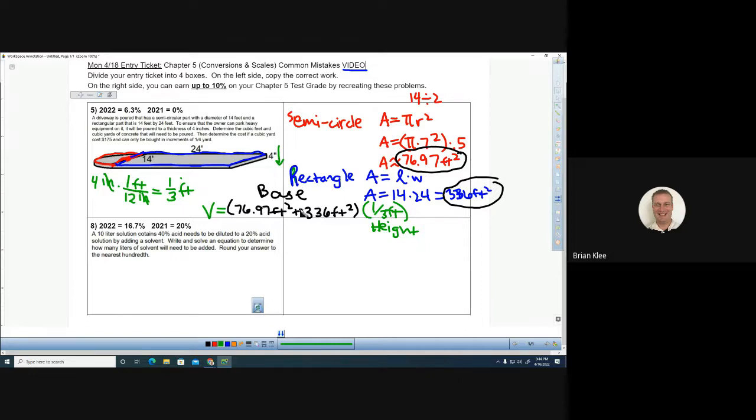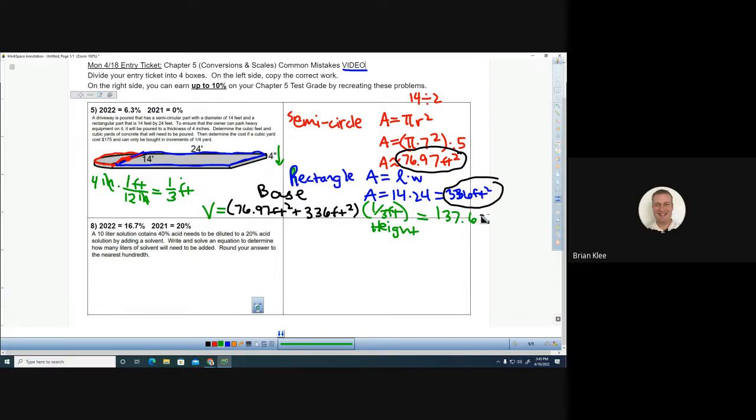I'm not going to write that on there, but that's the base. And that's square feet. So if we multiply feet by feet by feet, we end up with cubic feet, which is volume. So we multiply it by 1/3. Really, it's dividing it by three. We end up with a volume of 137.6, and the direction said round this to the nearest quarter of a yard.